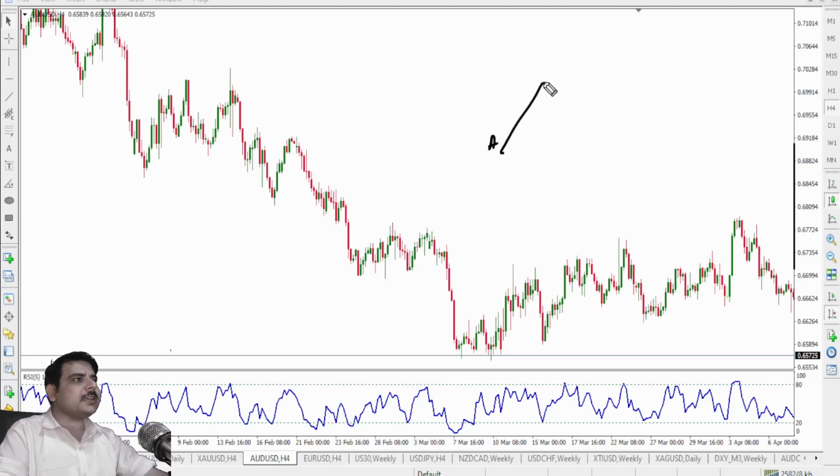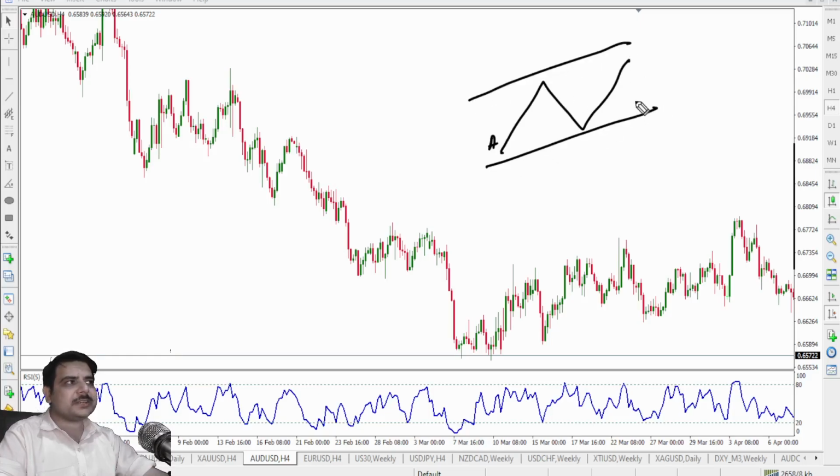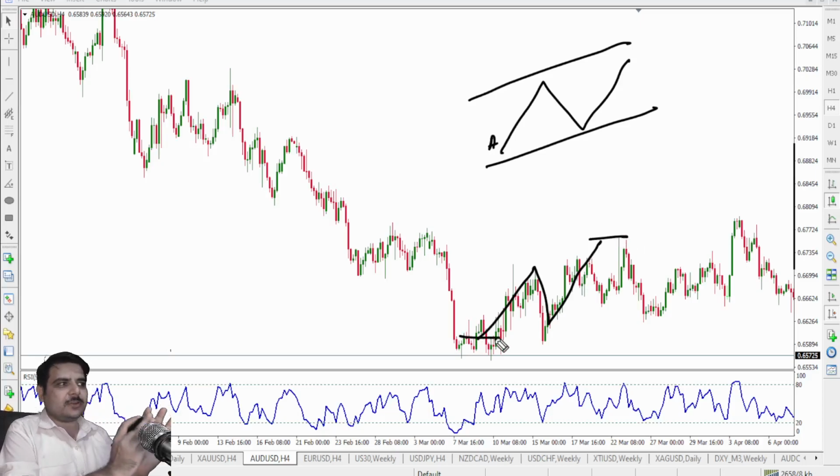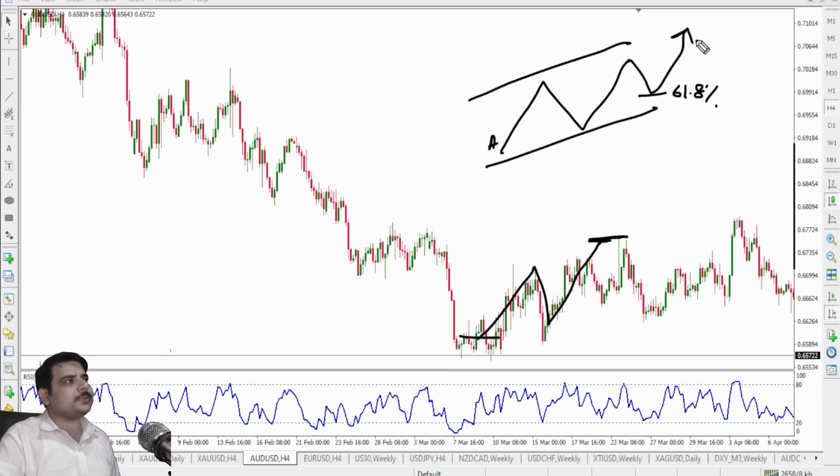This is A, and when it is completed, and let's suppose this pattern is almost present right here, and if I spot that I have got an ABCD pattern, spotting it right here can also open further doors for me to take some good trade opportunities. So once you spot this pattern, it can give you another 61.8 and another trade opportunity, which I will be covering in future videos.